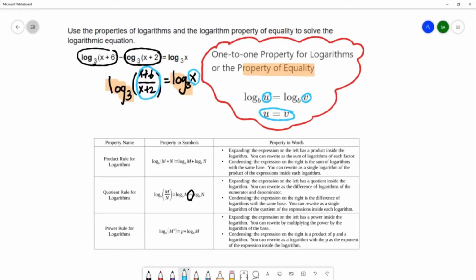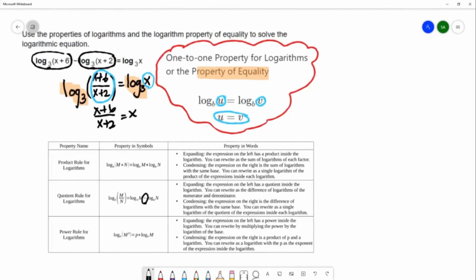It allows us to get rid of those logs in the equation. Now we have an equation that we're more familiar with that doesn't have logs. So I'm going to transfer it over here: x plus 6 over x plus 2 equals x.